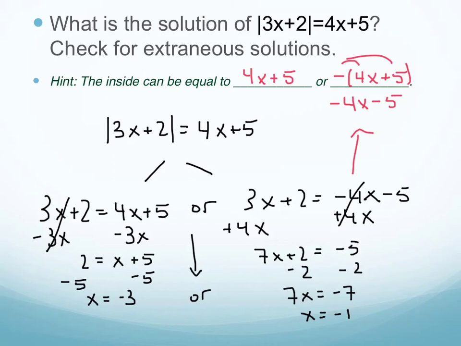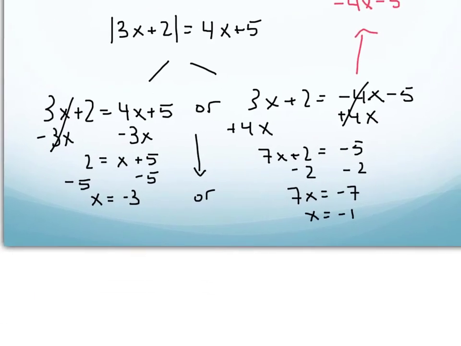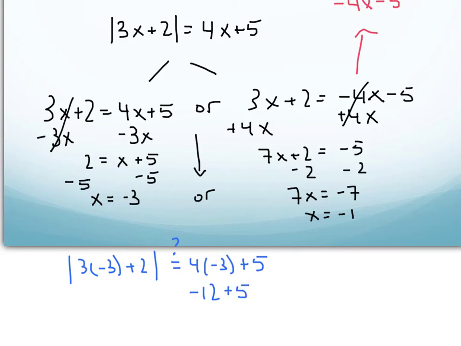Now we must check for extraneous solutions. So let's go ahead and check -3. Checking -3, I get the absolute value of 3 times -3 plus 2. We want to know, does that equal 4 times -3 plus 5? Well, already I see some issues, and the issues are on the right-hand side, I'm going to end up getting -12 plus 5, which is -7.